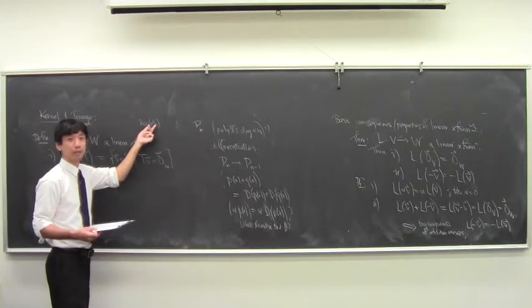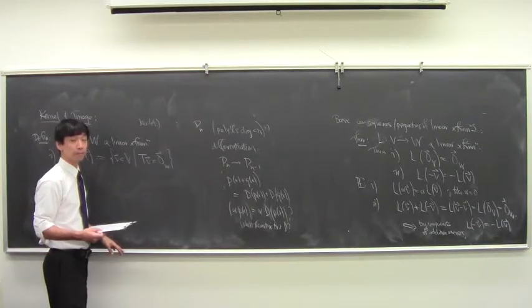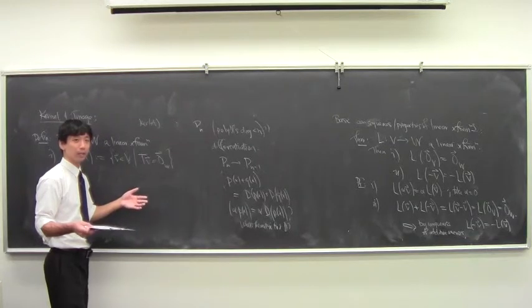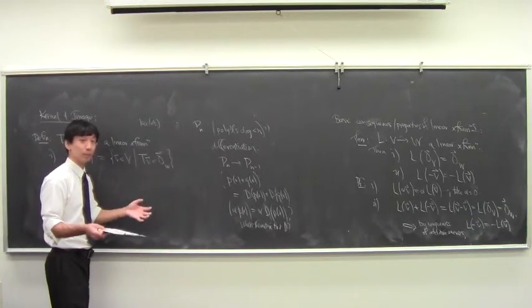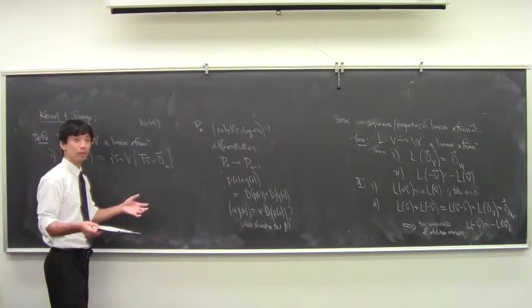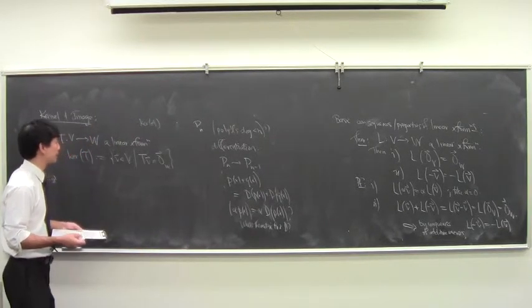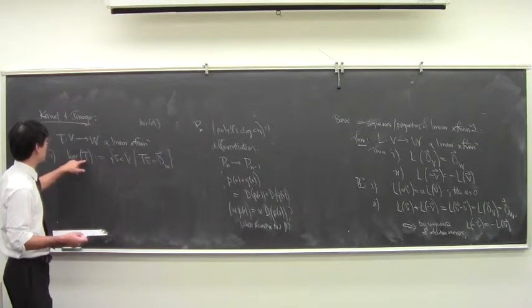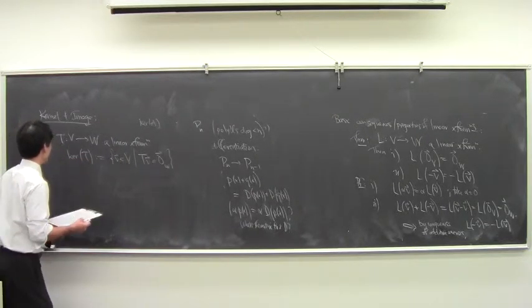Haley: Will the kernel send v to 0 as well? The kernel is a space actually. It doesn't do anything. It's a subspace. No, this is just notation. This says the kernel.